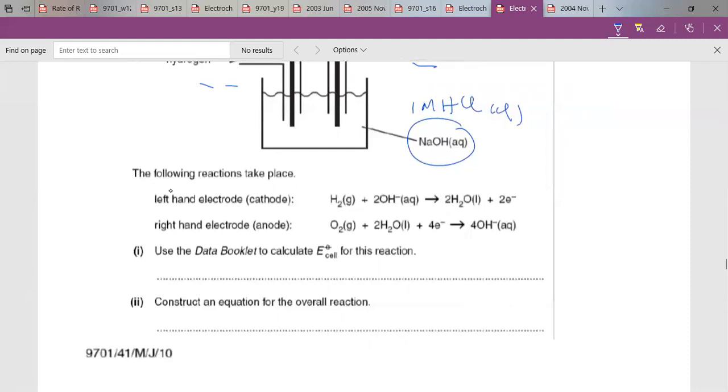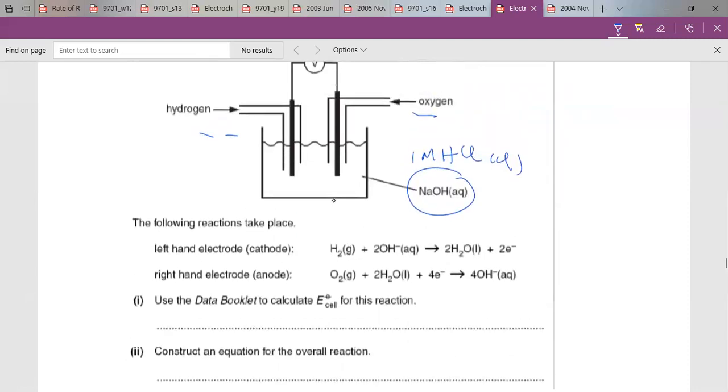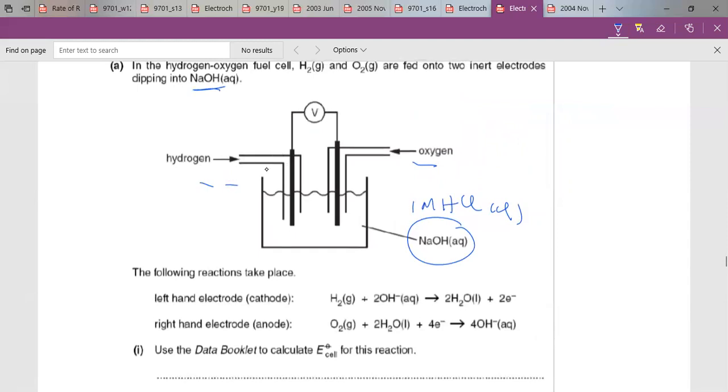So they tell you the directions. Left hand, right. Anode means oxidation. Here is where they went wrong. Anode always means oxidation, but here it's reduction. So don't care, whatever they say, Cambridge is always correct. Normally most books say anode is always oxidation, cathode is always reduction.